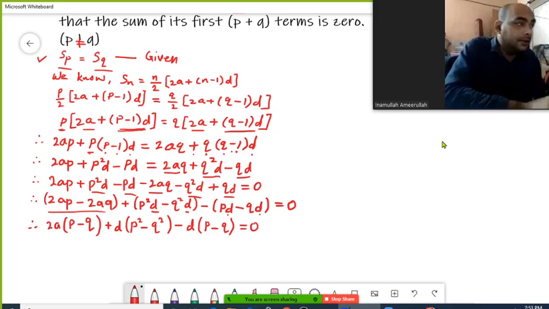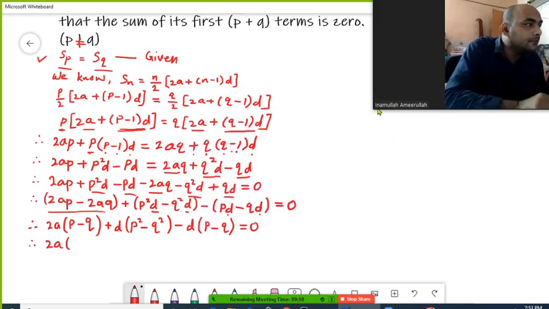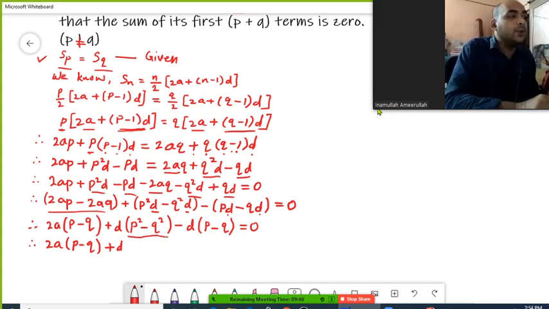Then further we can do one more thing. 2a into bracket p minus q plus d. Just focus on this part, p square minus q square. So it's like a square minus b square.